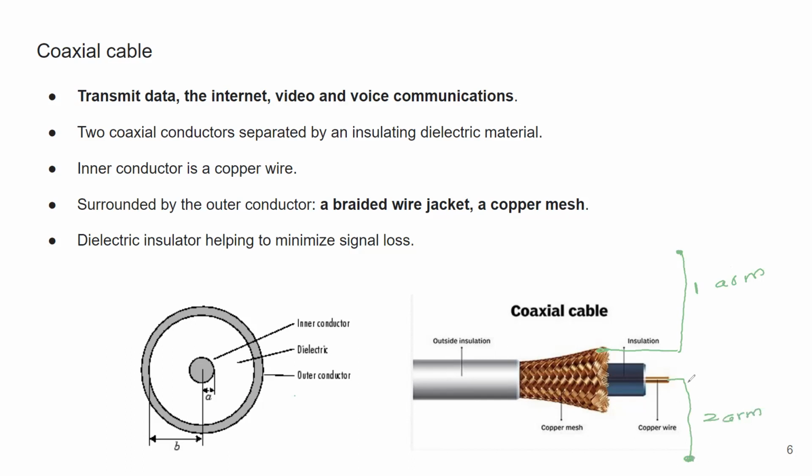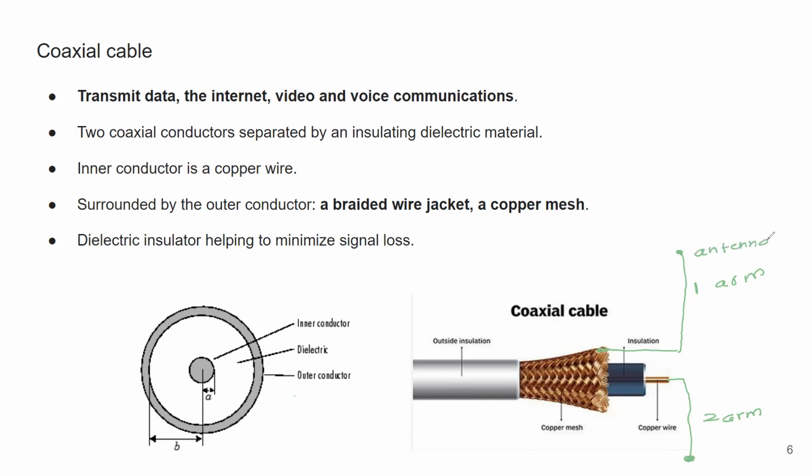And then we connect the first arm to one conductor, and the second arm to another conductor. Like this inner conductor is connected to the second arm. The first arm we can connect to the outer conductor. Likewise, we can connect the coaxial cable to an antenna.